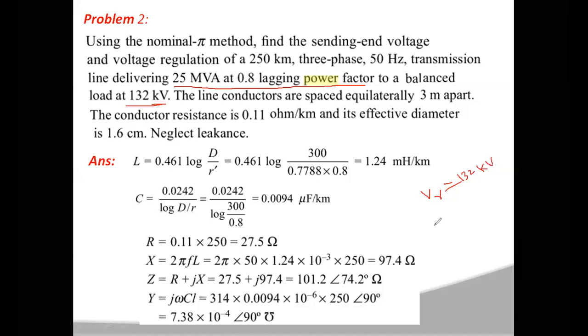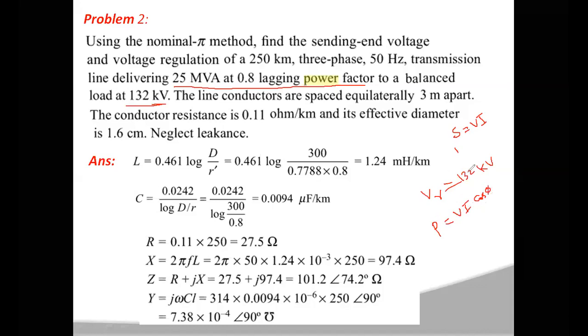When load in terms of MVA is given, you know how to calculate power P, right? 25 MVA is nothing but the apparent power. So S value is given, which is V into I, and power P is equal to VI cos phi.